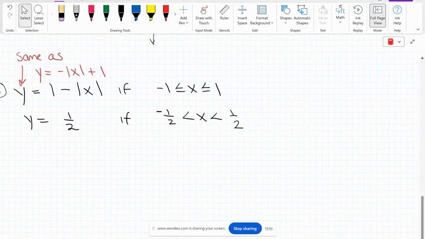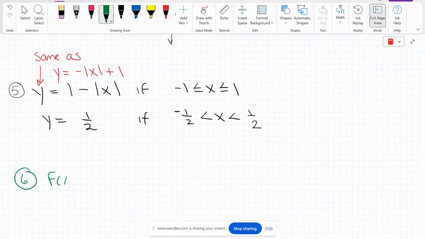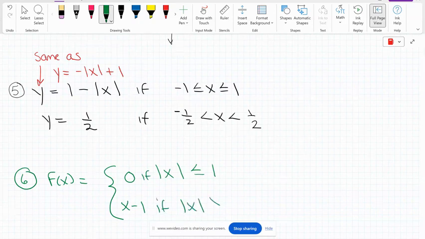So that's the first one, and then I'll write out the other one I want you to do. All right, so those are the 2 I want you to do. Try your best, and then we will go over them.